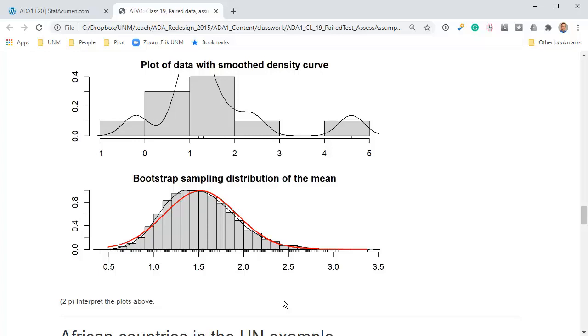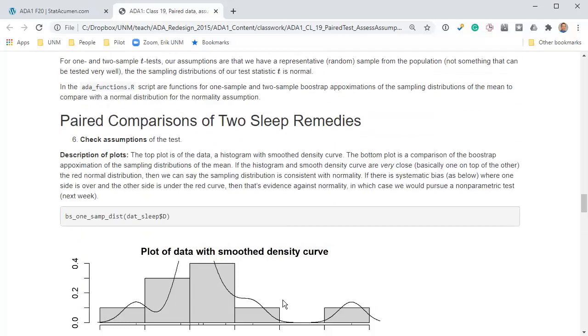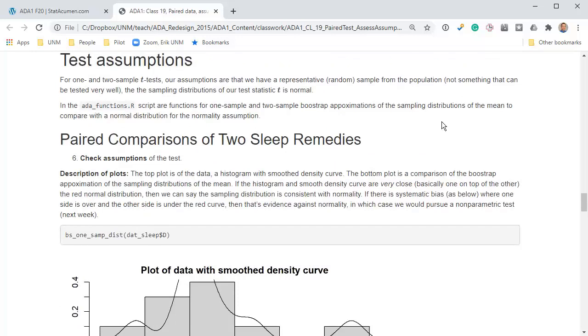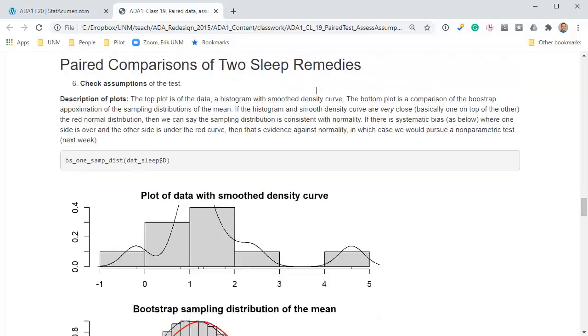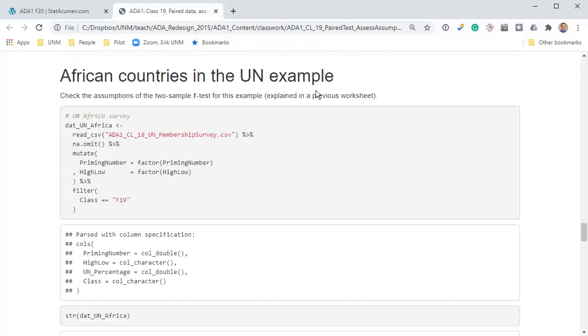Therefore, I would conclude that the model assumptions are not met, that the sampling distribution is not normal. Okay, that's how I'd answer that question.